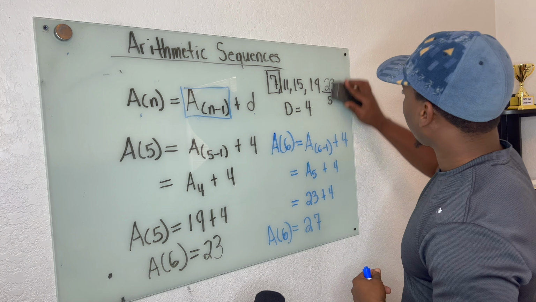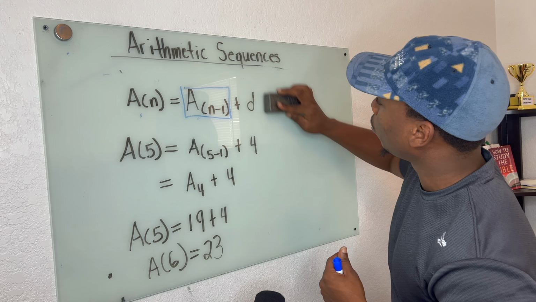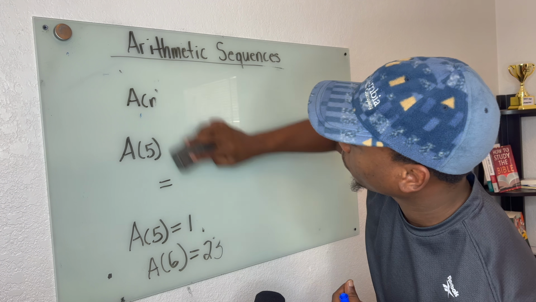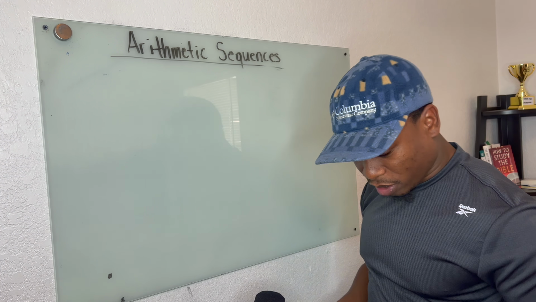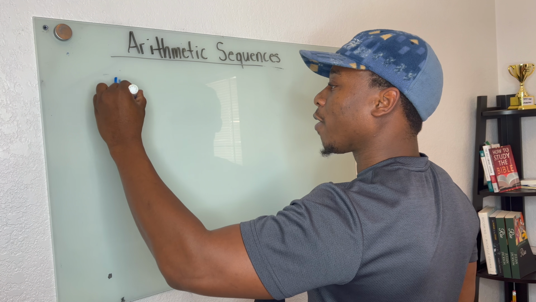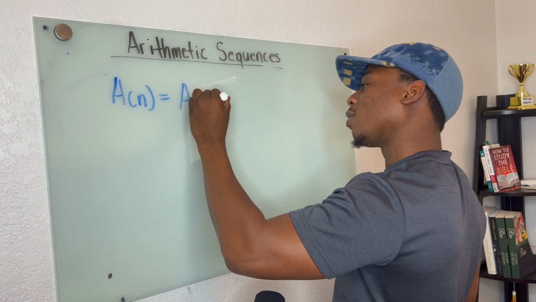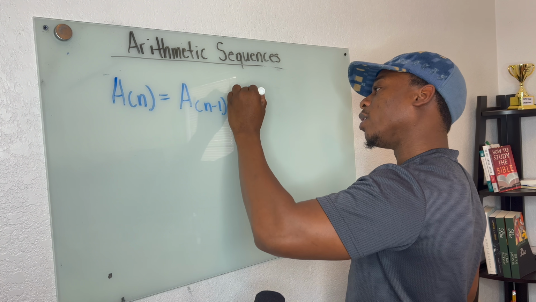All right, let's go through this last problem, and remember, we're talking about the recursive formula. Let's rewrite the formula: a of n is equal to a sub n minus 1 plus d.